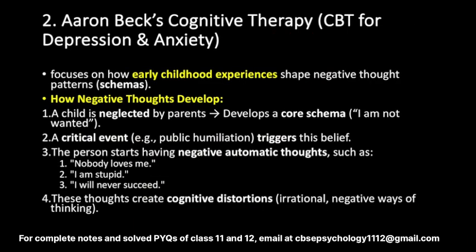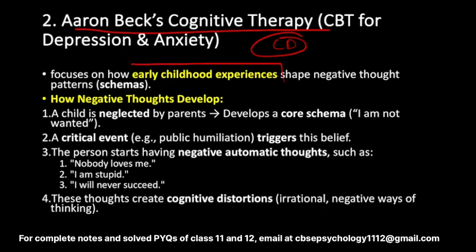Now, the Aaron Beck school of cognitive therapy also talks about these irrational beliefs, or cognitive distortions. However, it says that the focus is on early childhood experiences, which are said to shape negative thought patterns called schemas.